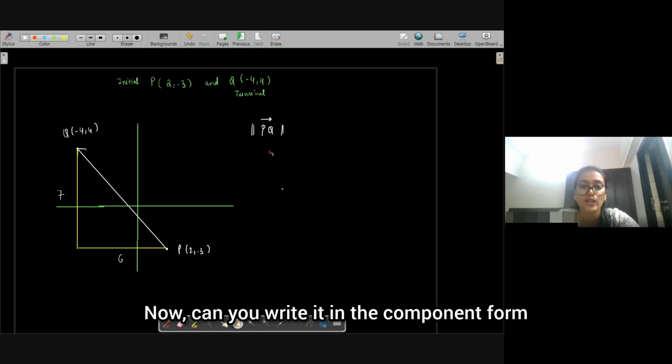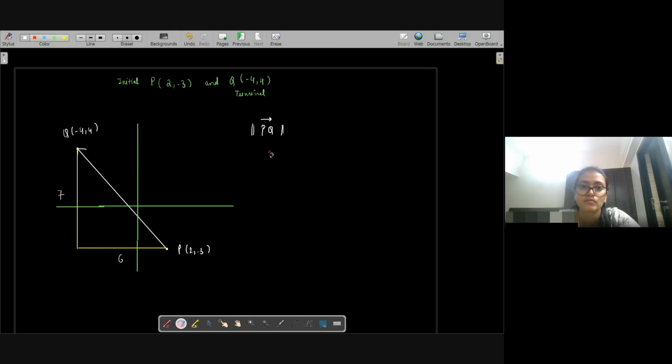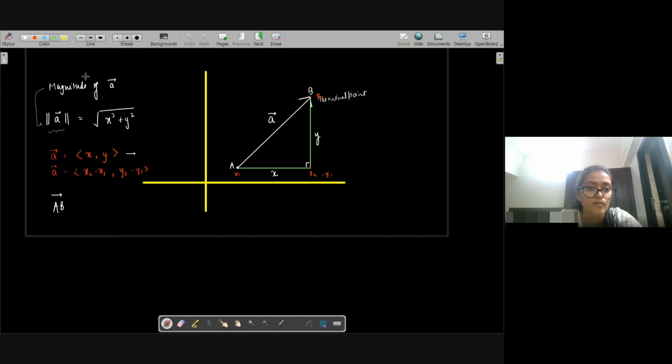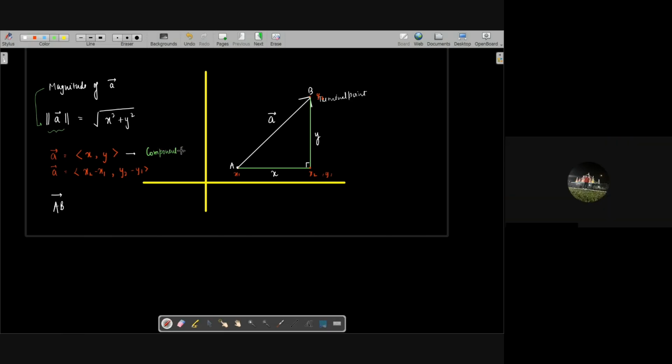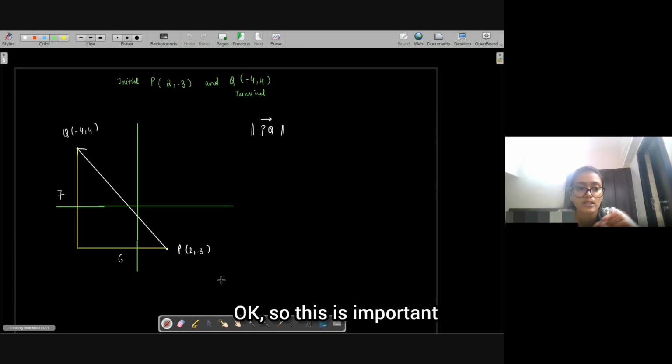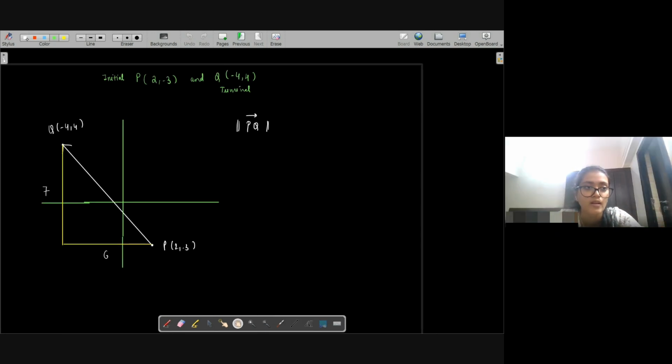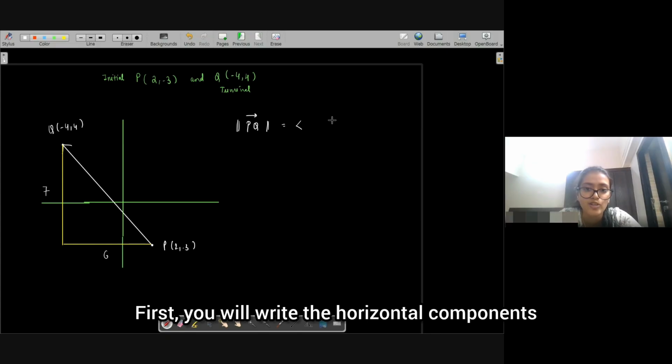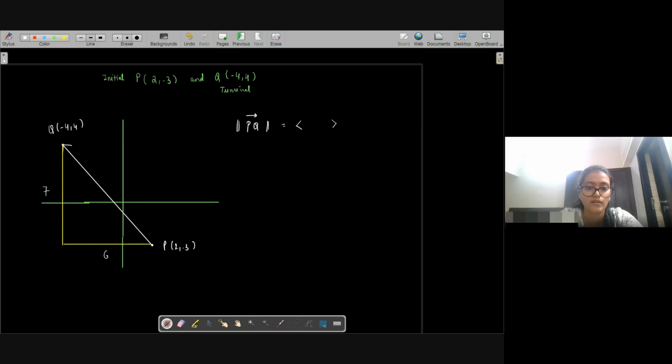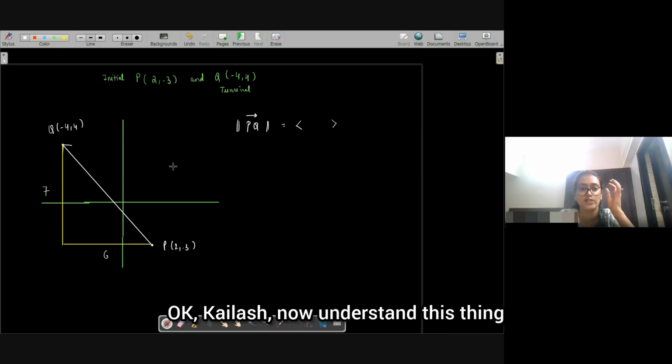Now can you write it in the component form? This is called the component form. Writing it in component form, first you will write the horizontal component. Now understand this thing.